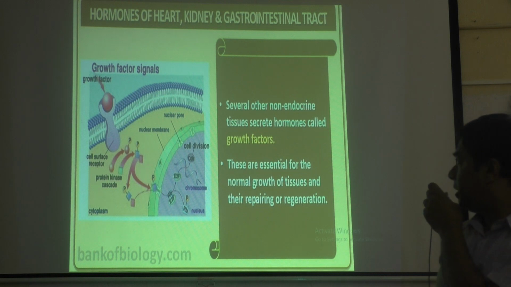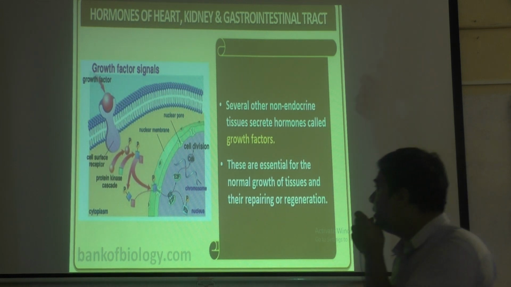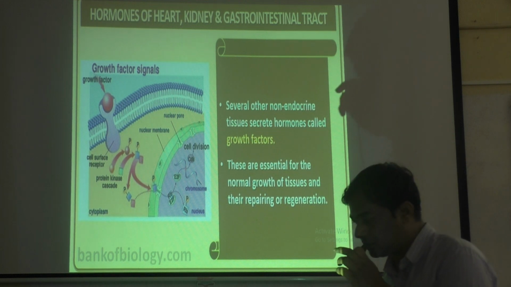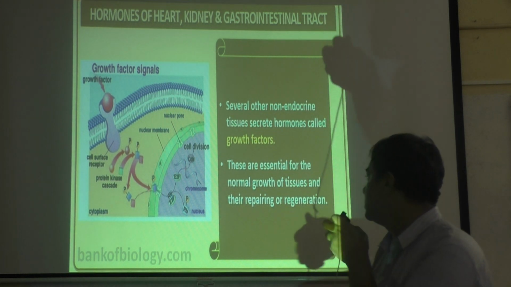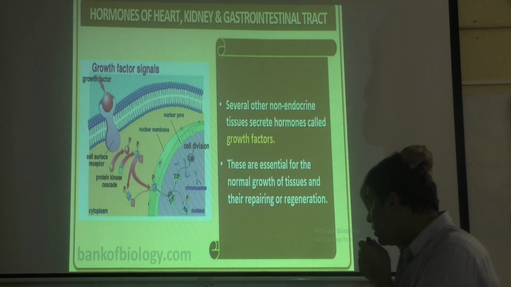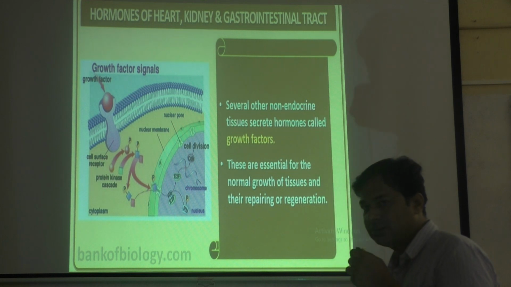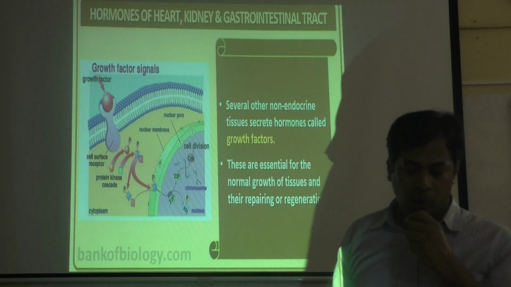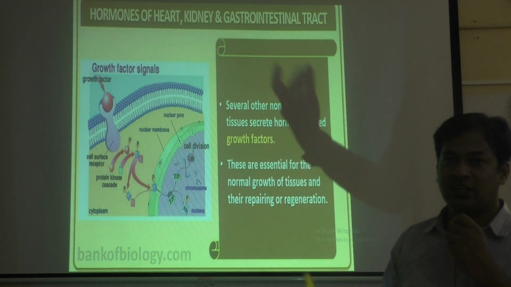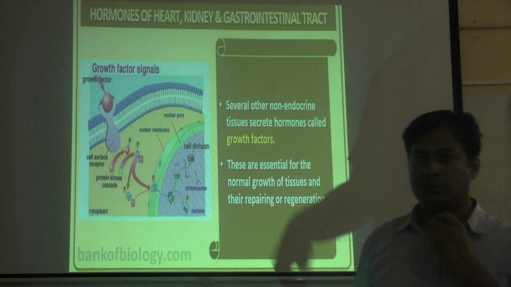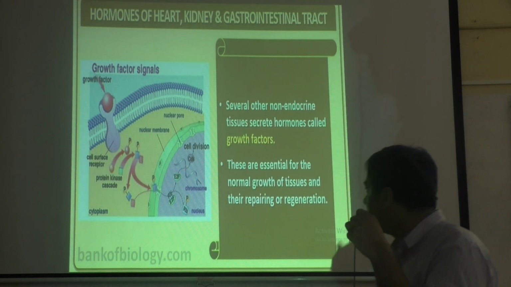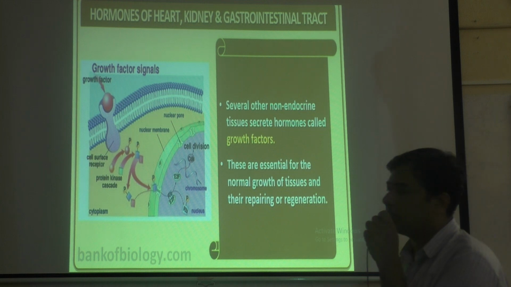Then some other non-endocrine tissues also secrete hormones called growth factors. This is required for normal growth of tissues and repairing or regeneration. Like sometimes some organ damages, some tissue damages, for regeneration, for reformation of new tissue and for repairing the organ, these growth factors are required.